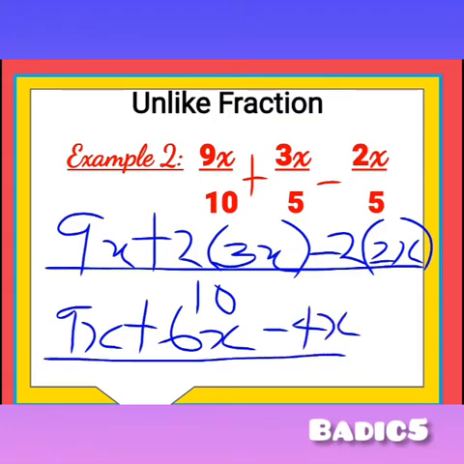All of them over the denominator 10. 9 plus 6 is 15. 15 take away 4 is 11. So we have here 11x all over 10. If you want to further simplify to a mixed fraction, you can go ahead. But there is nothing wrong leaving it as 11x all over 10.